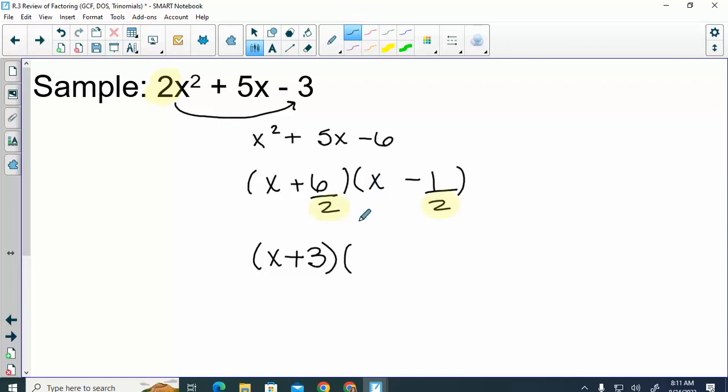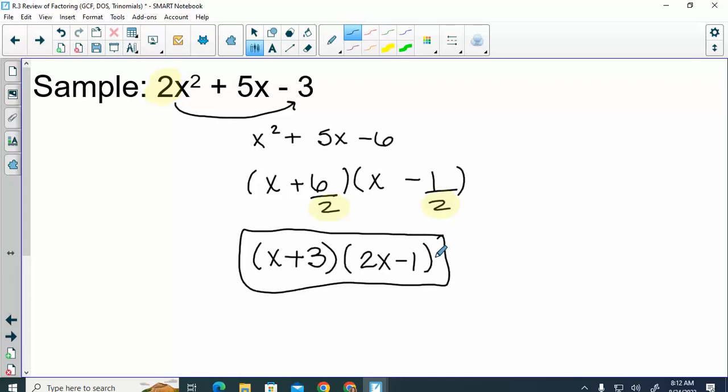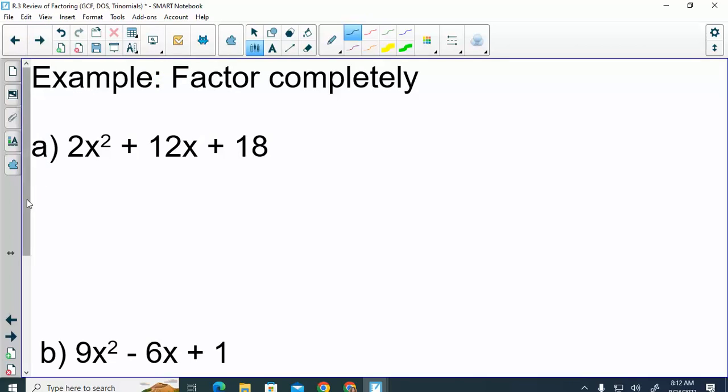Yep, it goes over to the x, so that's a 2x minus 1. So let's try a couple more together before I give you guys some to do on your own.